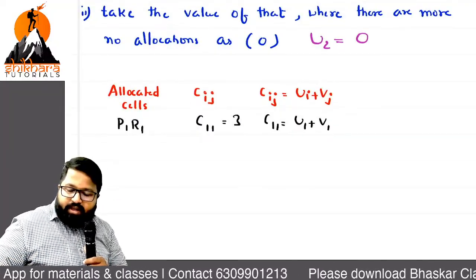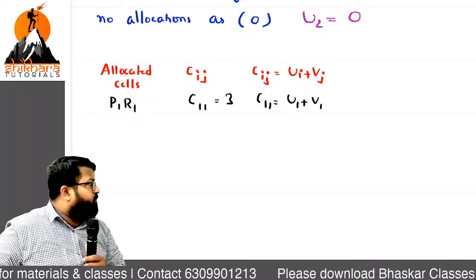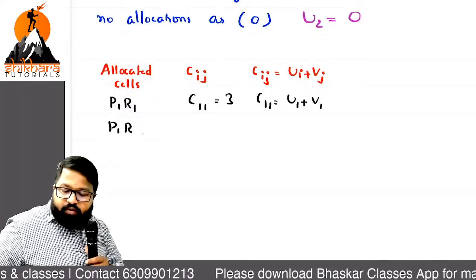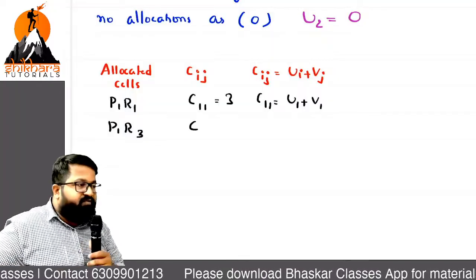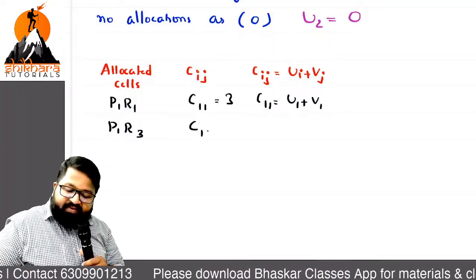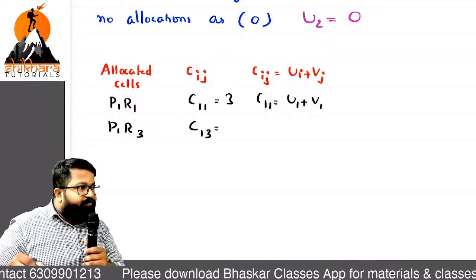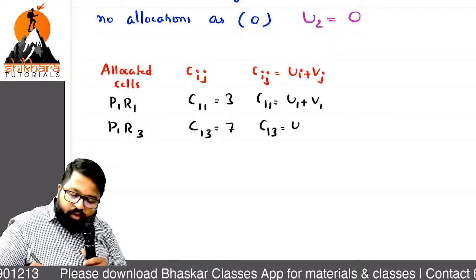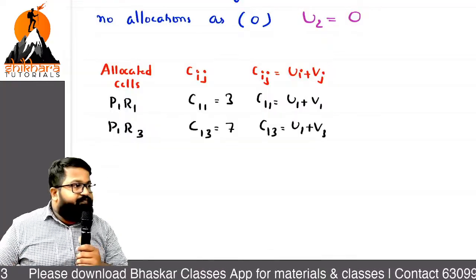Next, what is the next allocated cell? P1 R3. What is the representation in the form of C? C13. What is the value there? 7. Therefore, C13 is equal to U1 plus V3.